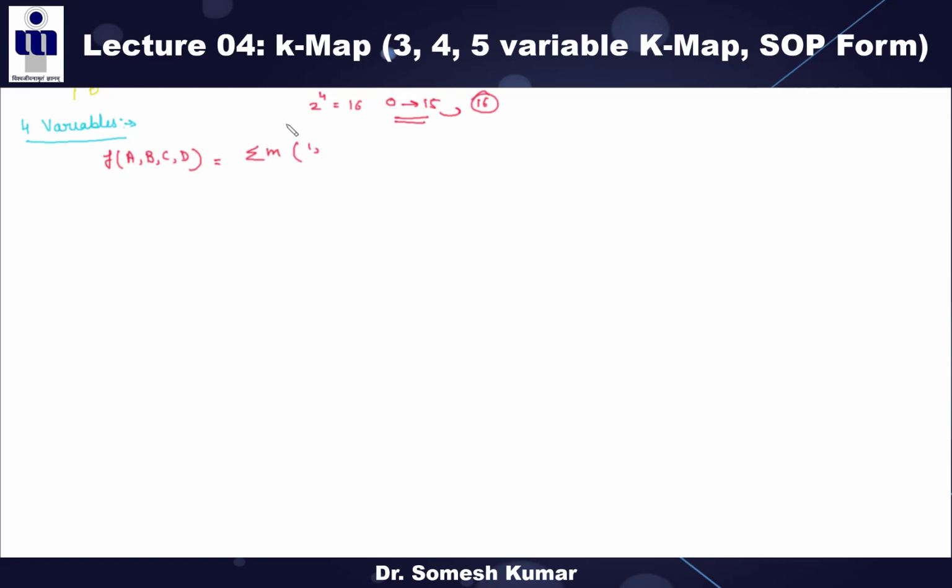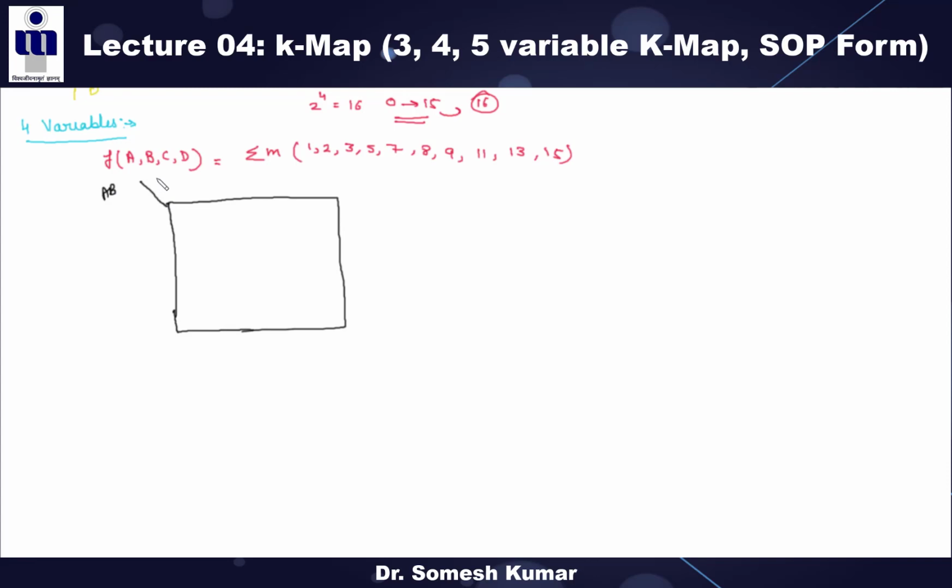Now this expression is given: 1, 2, 3, 5, 7, 8, 9, 11, 13, 15. You have to minimize this using the K-map. This is 4 variables, so how many cells? 16 cells, 4 rows and 4 columns.